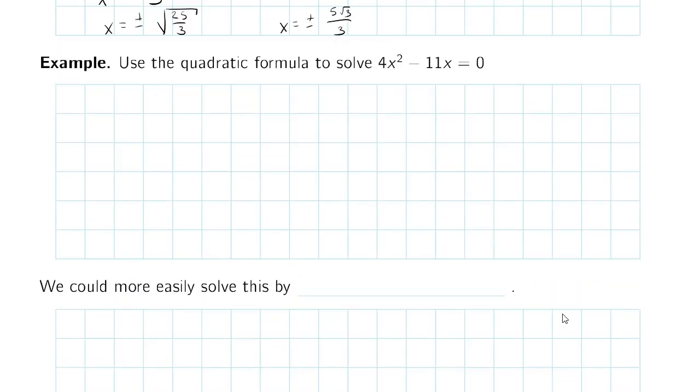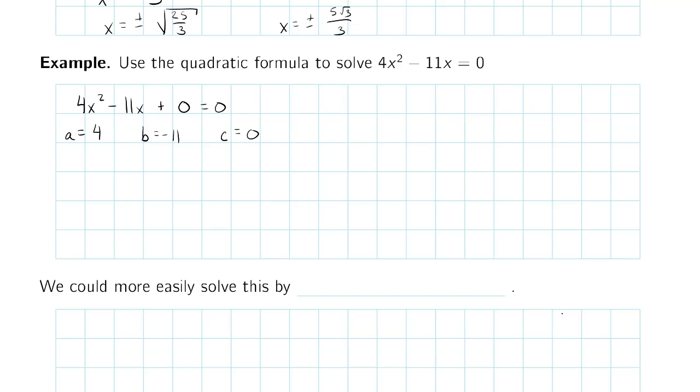So we have 4x squared minus 11x equals 0. To use the quadratic formula for that, I'm going to write plus 0 as I'm copying this, so that it's easier to see that this is a quadratic equation with a equals 4, b equals negative 11, and c equals 0.